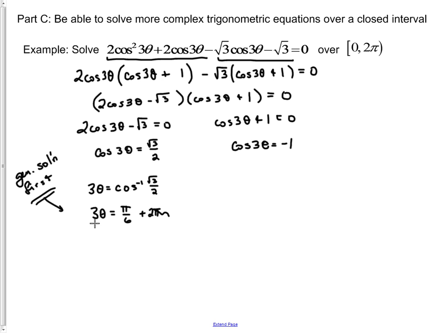And this is in quadrant 1. We also know that cosine is equal to radical 3 over 2 in the fourth quadrant for a positive value. So 3 theta would equal 2 pi minus pi over 6. That's 11 pi over 6 plus 2 pi n.